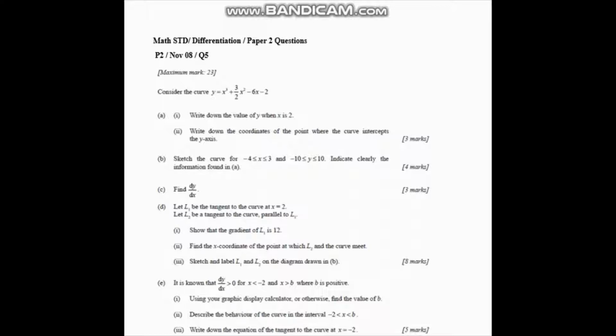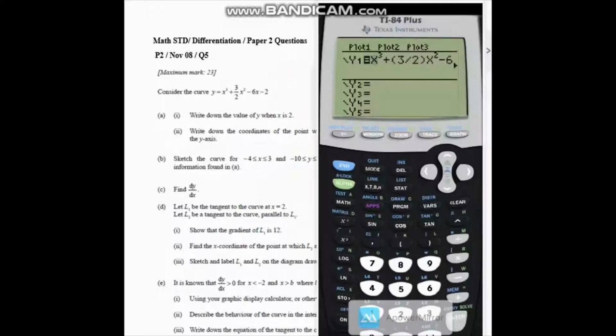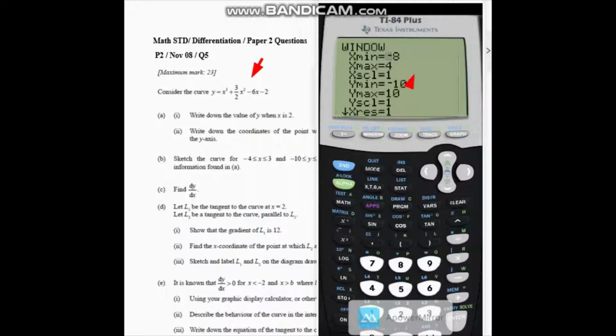So in question AI, you are asked to write down the value of y when x is 2, given this equation right there. So I've written the equation down on the calculator. Next I shall adjust my window for your reference, and then I shall click on trace.